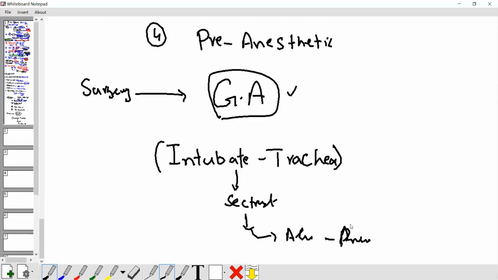So before giving general anesthesia, before putting the tracheal tube, give what? Atropine. Atropine decreases mucus secretion, all secretions of the respiratory tract.